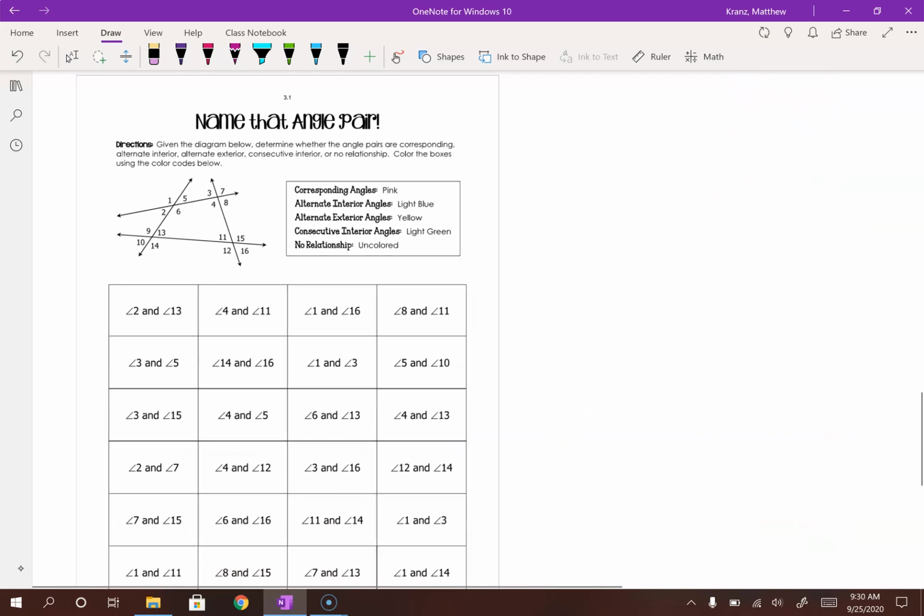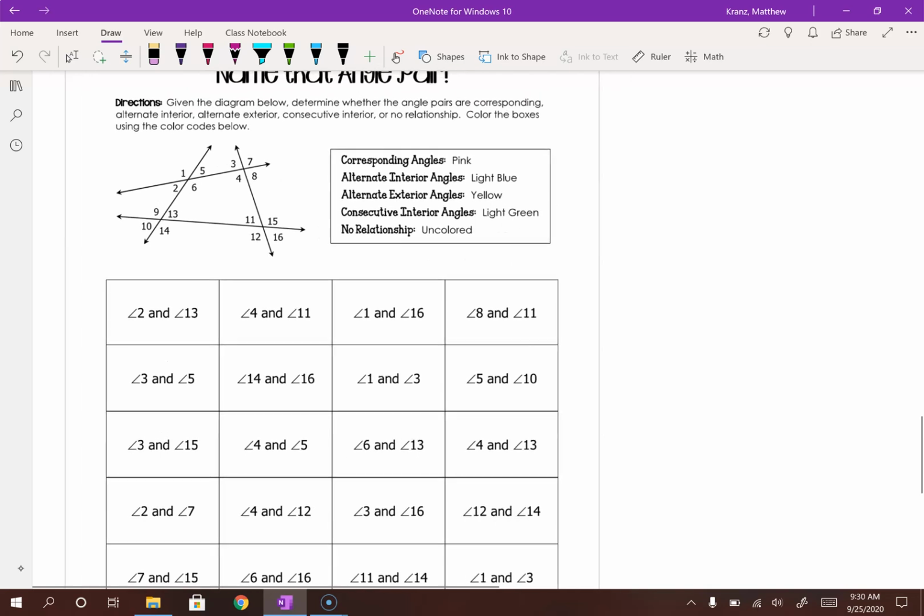All right, name that angle pair. So basically, we are going to go ahead and highlight things. But, I mean, it's hard when we're at home, we don't have colors. So basically what I'm going to do is I am not going to highlight them, but I'll just use CA for corresponding angle, AI for alternate interior, AE for alternate exterior, SS for same side, and NA for nothing.